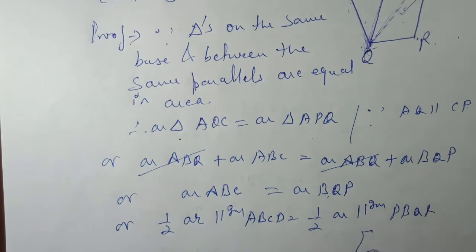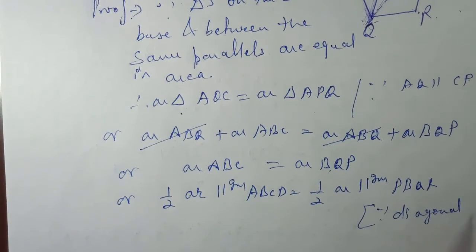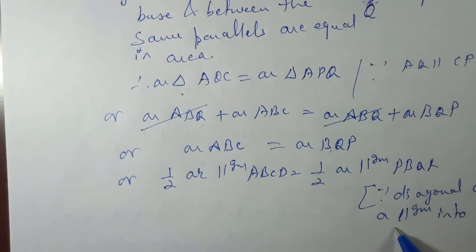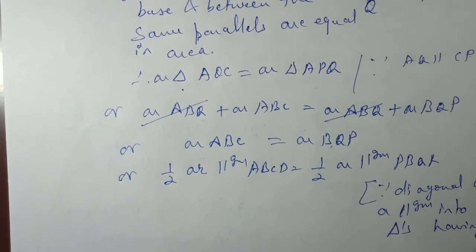The reason: since a diagonal divides a parallelogram into two triangles having equal areas.